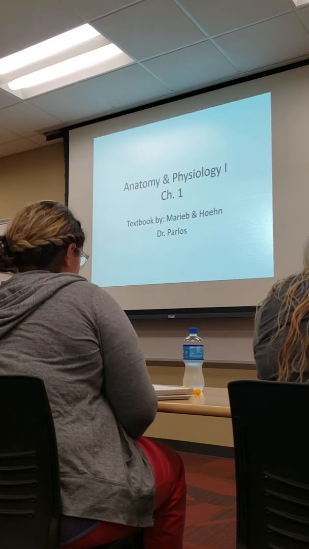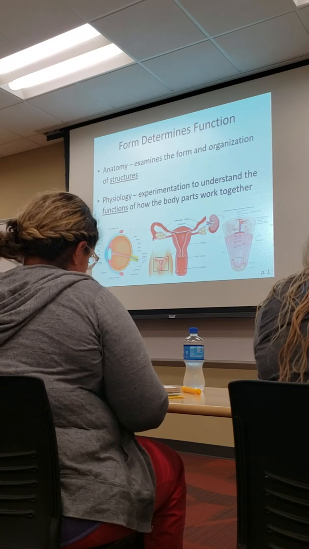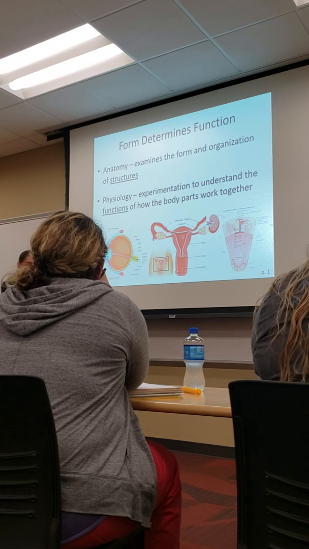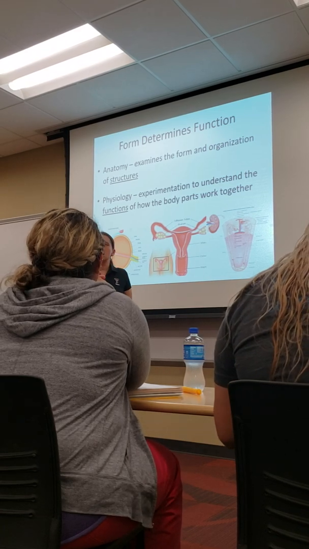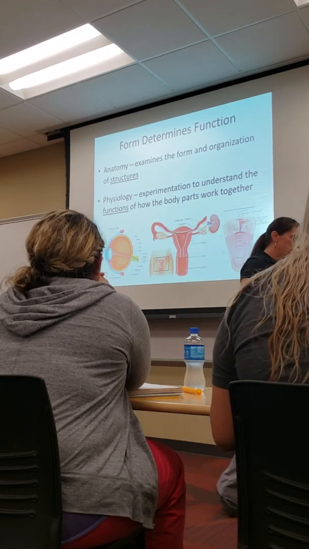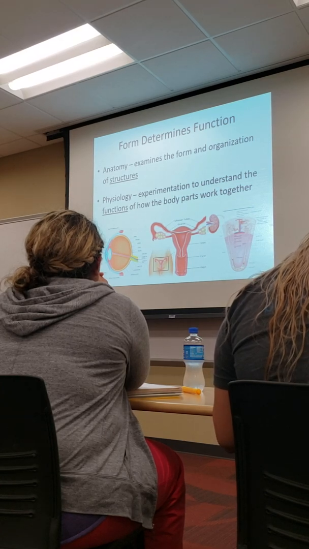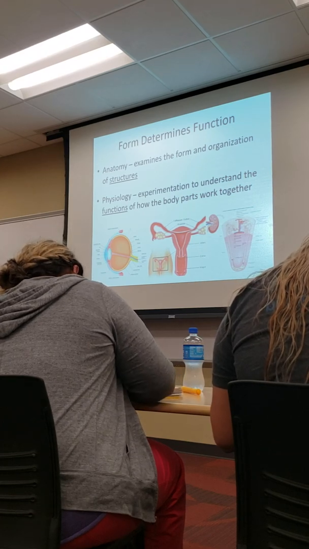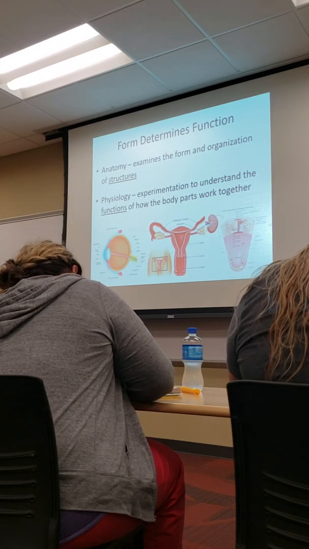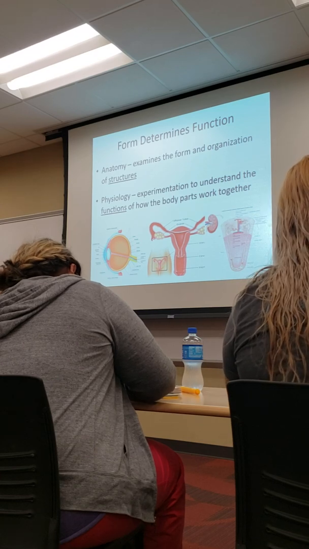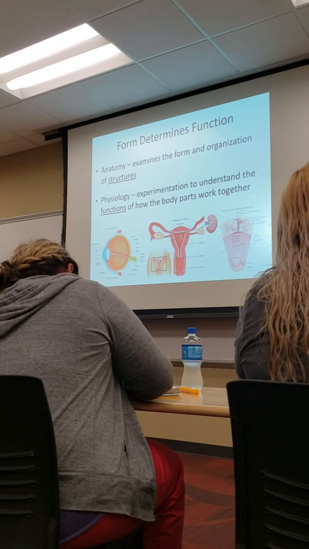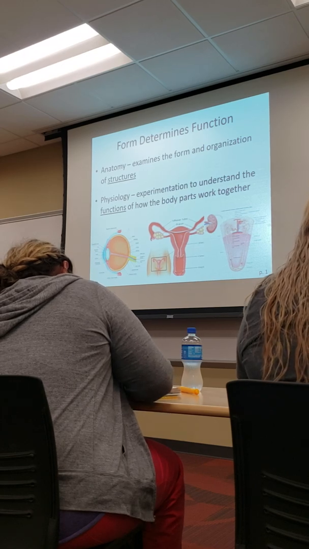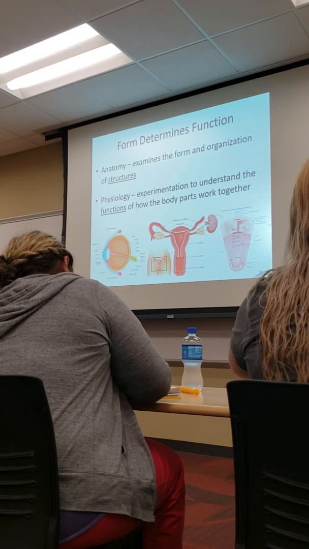All right, so chapter 1. It's really important to understand anatomy so that we can understand physiology. Anatomy is going to be what we're doing in lab. We will be learning some structures here, but predominantly lab is going to be the anatomy portion of this course. When we start talking about how the different parts of the body work together, that's when we're going to be talking about physiology.